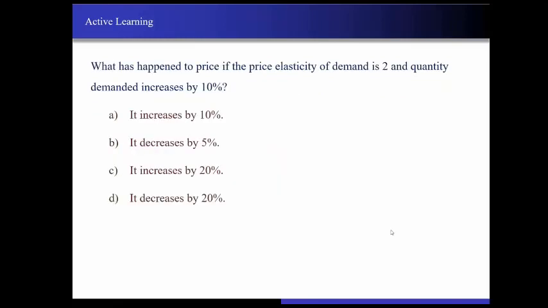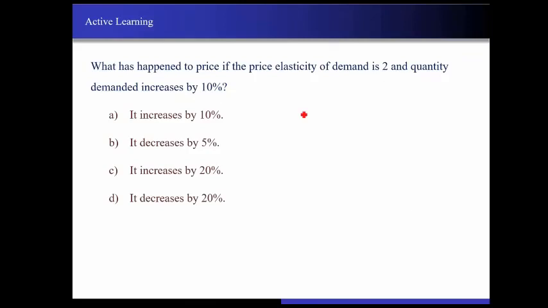Okay, we'll just do one more question because it's really related to what I just said. I'll open a poll for this one. What has happened to the price if the price elasticity of demand is 2 and quantity demanded increases by 10%?